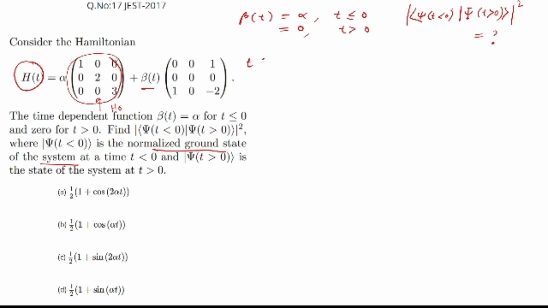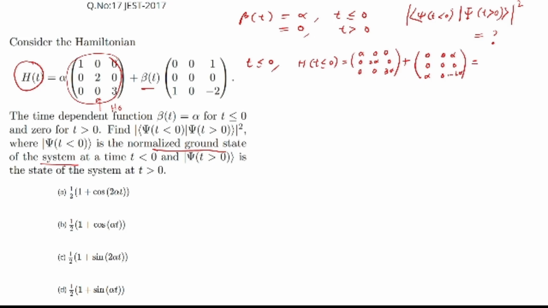For the t less than or equal to 0 case, what will be the H(t) value? Here we get alpha 0 0, 0 2 alpha 0, 0 0 3 alpha. And for t less than or equal to 0, beta of t is alpha. So here we have to add this term: 0 0 alpha, 0 alpha 0, minus 2 alpha.